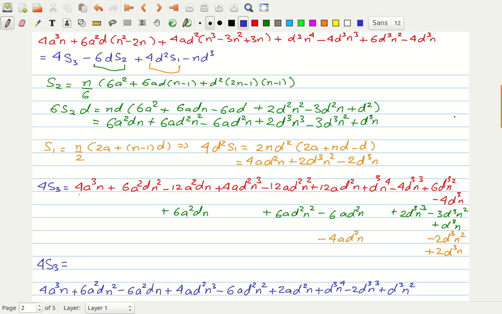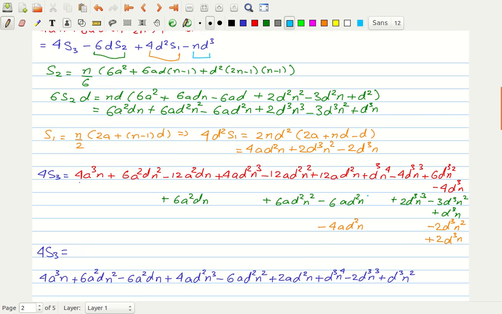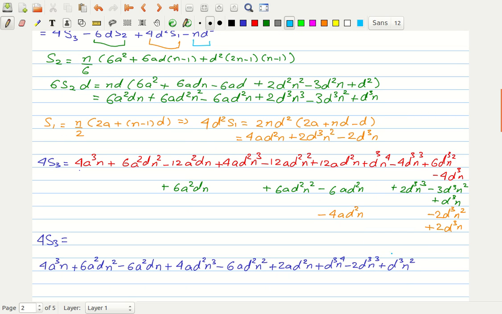Yeah, we have not yet included this term, right? This term on going to the left hand side will become plus d cube n, right?